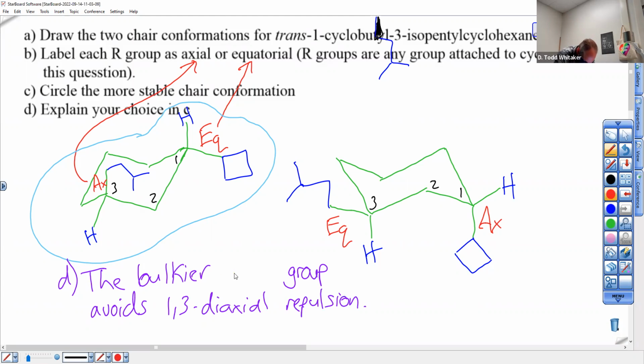Why is cyclobutyl bulky here? It's branched immediately. It's branched on the carbon attached to the ring. This thing doesn't have a branch until the third carbon: 1, 2, 3. It can get that branch away from the cyclohexane, wagging its tail, just moving its sigma rotation away. You can't rotate both these carbons away.